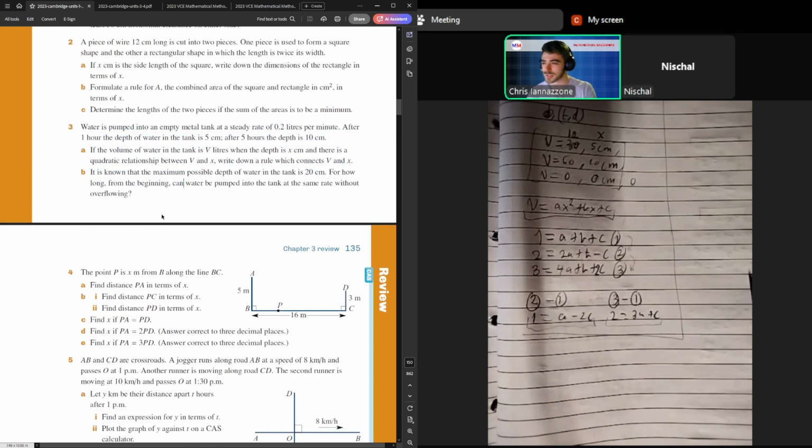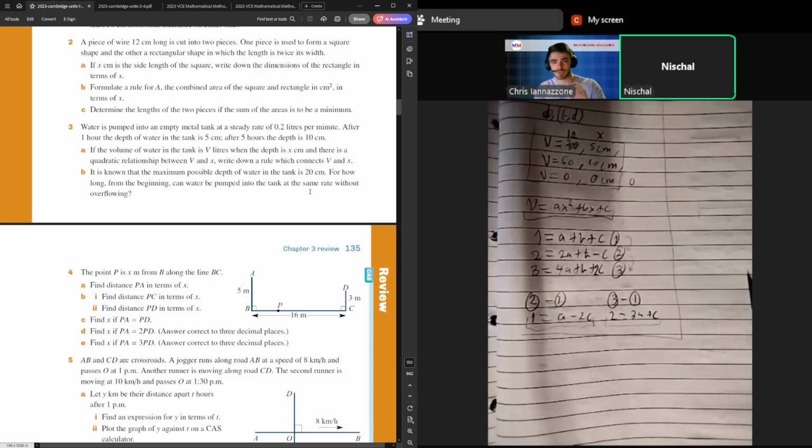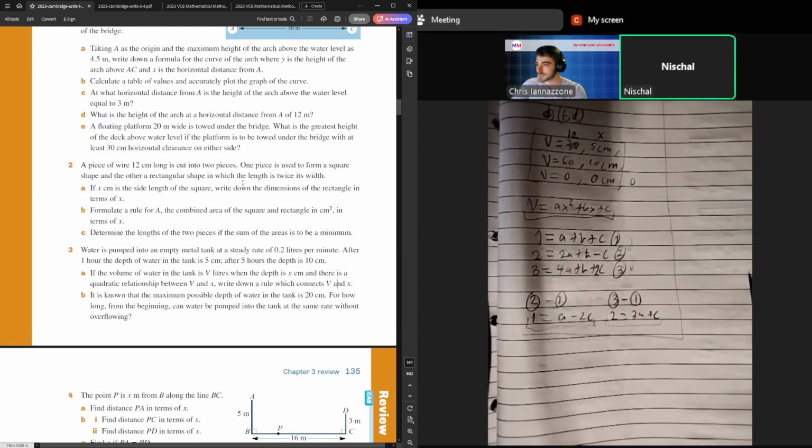This one was a bit more unique, had 3 variables to keep track of, but it ended up being basically just two. Once you found the relationship between the 3 of them, you can ignore the one that's not being talked about. Like if this said connect V and T, we would have just ditched the x values and replaced them with the time values of 0, 1, and 5. Yeah, that's about it then.